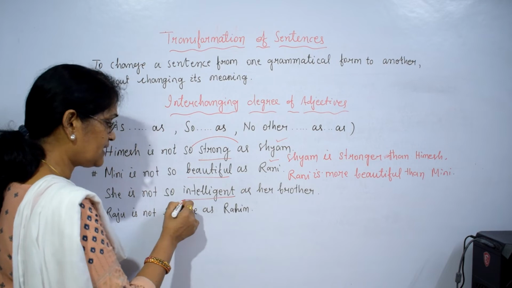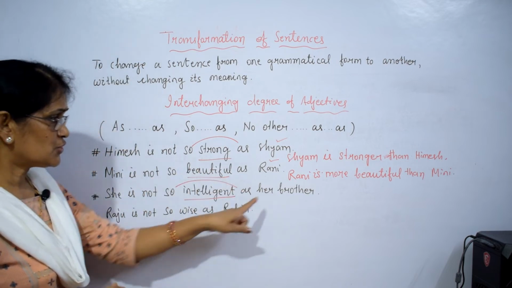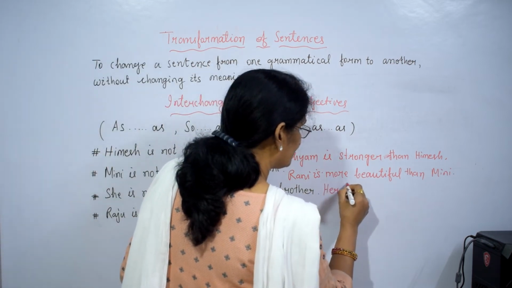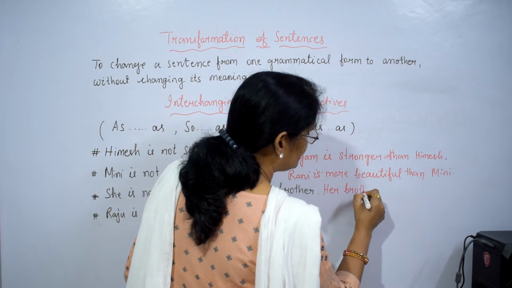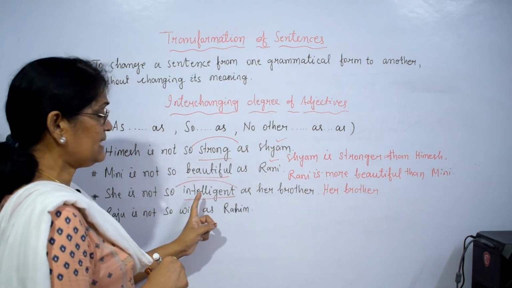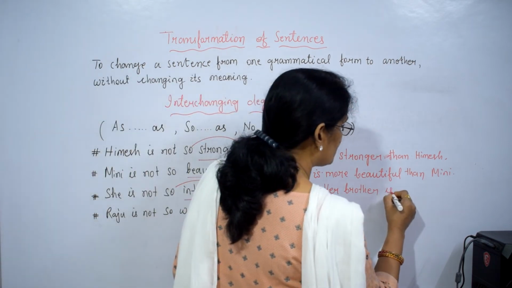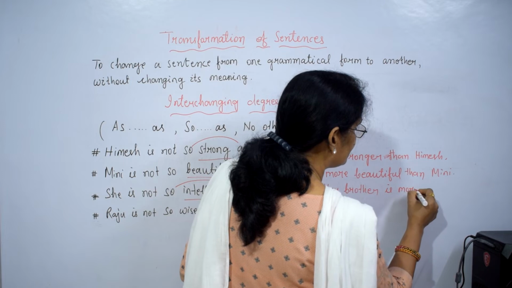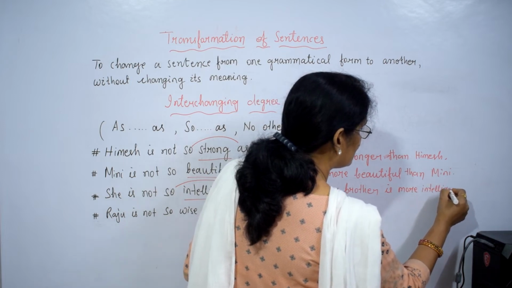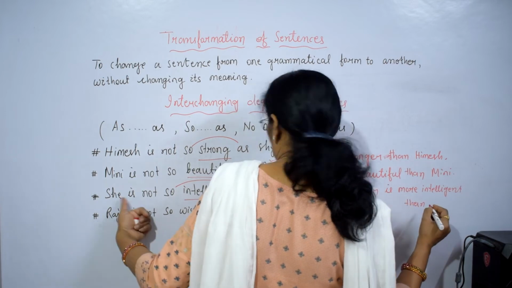Intelligent is the adjective. So you take her brother. Her brother is more intelligent than she.